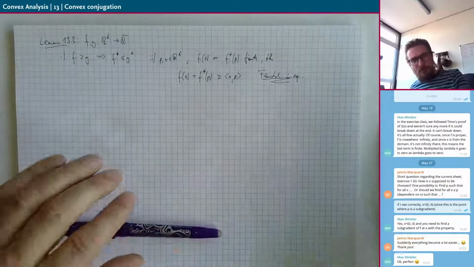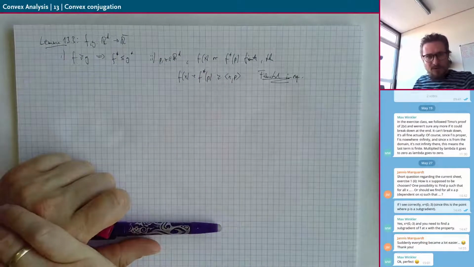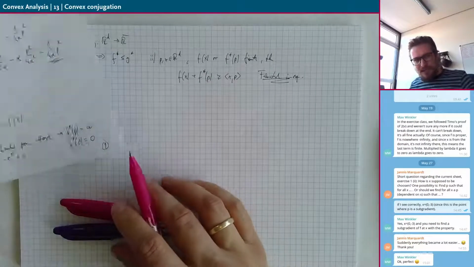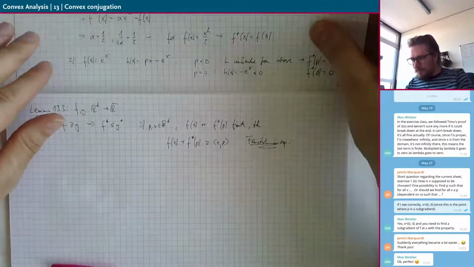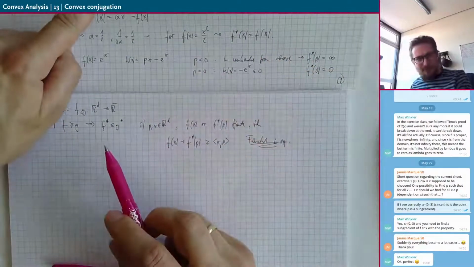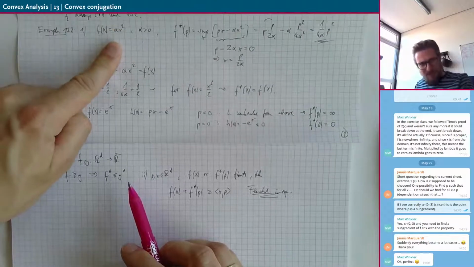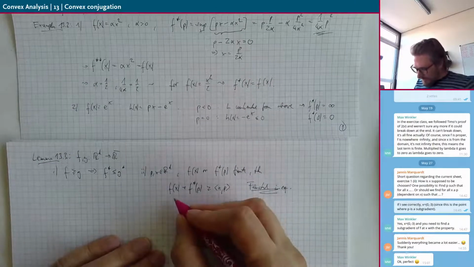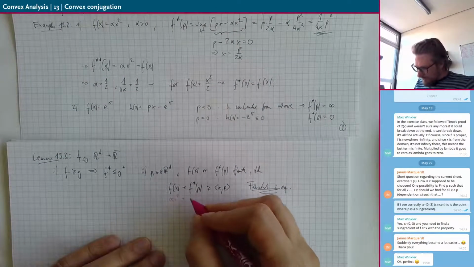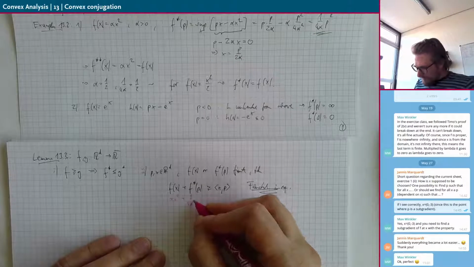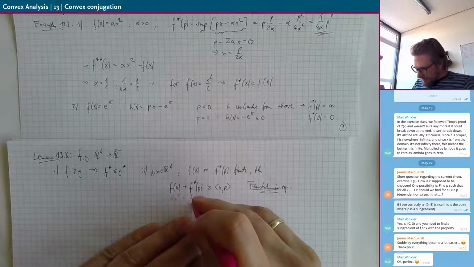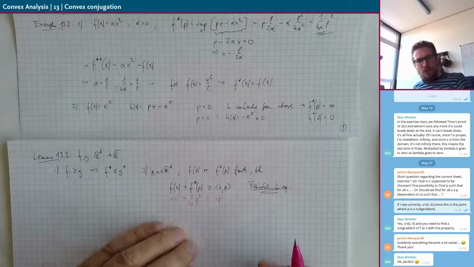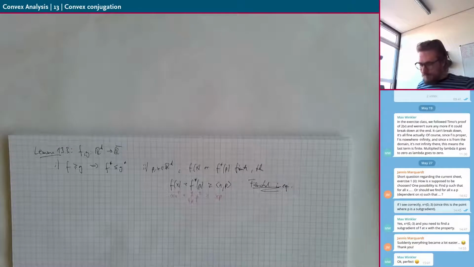You probably know that this incorporates one inequality which you're probably familiar with. If we take our example 1, so 13.1, with this f, f is alpha x squared and the conjugate is 1 over 4 alpha p squared. This shows you that alpha x squared plus 1 over 4 alpha p squared is larger or equal to xp, which is a version of Young's inequality.